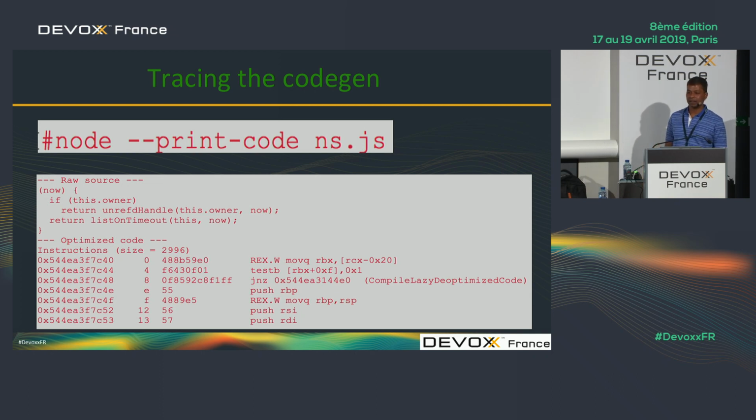Or, I am an expert in assembly instructions also, and I want to see what type of code is being generated for my script. So here is a trace option, --print code, which will also show you the generated binary against each script. In this output, the top one shows the script which you wrote, and the bottom one shows the optimized code that is generated on the fly.